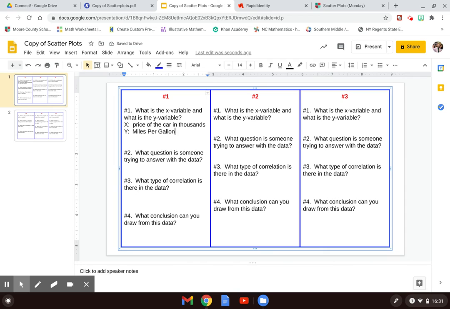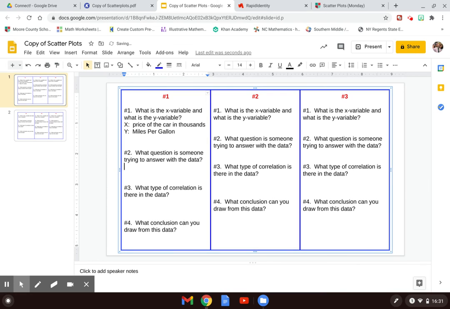All right. So then the next question is, what question is someone trying to answer with the data? You're going to look at both of your variables, which are the price of the car in thousands and the gas mileage, or the miles per gallon, and ask yourself, what are they looking at?